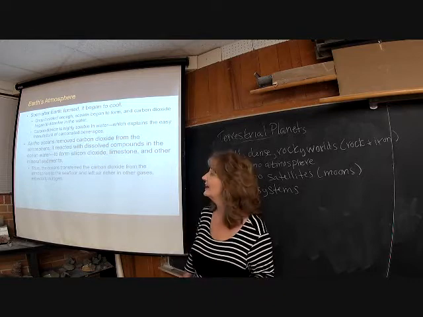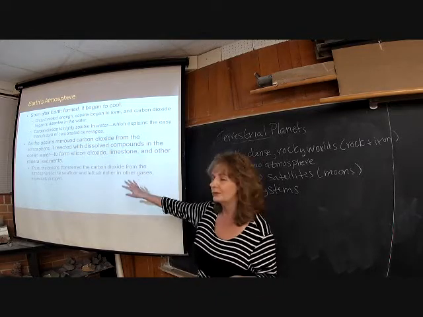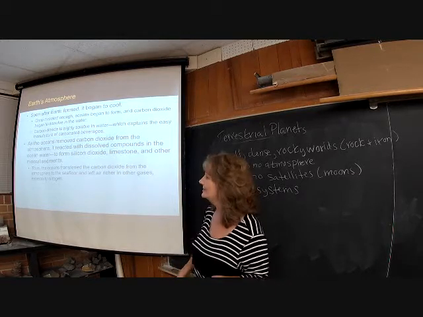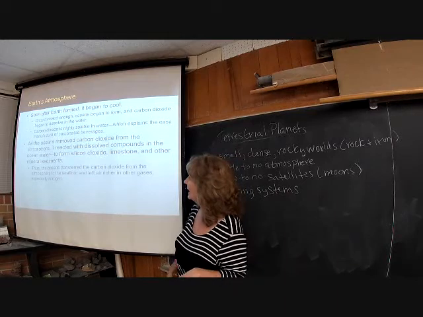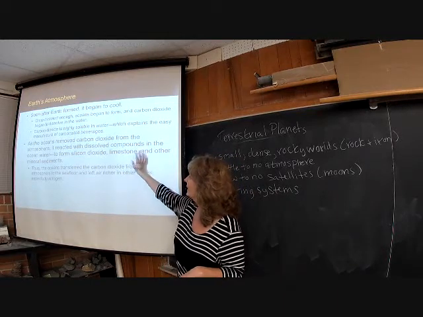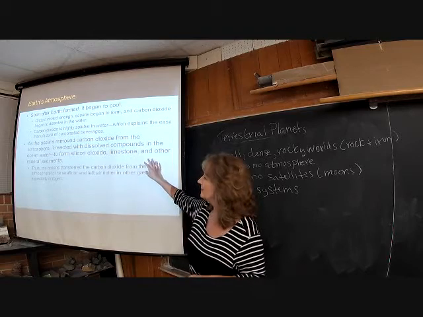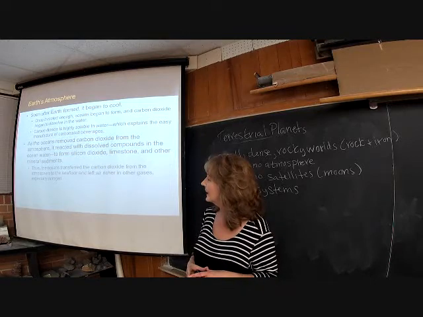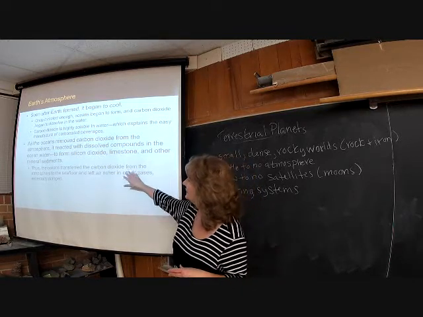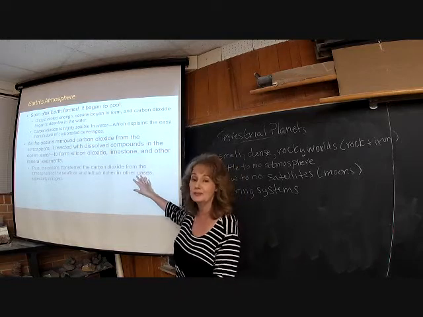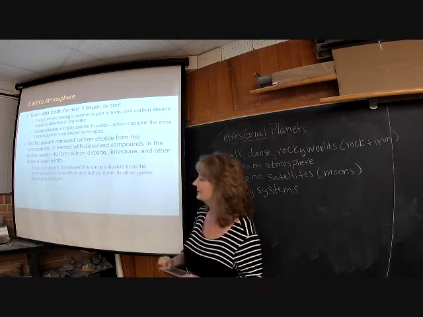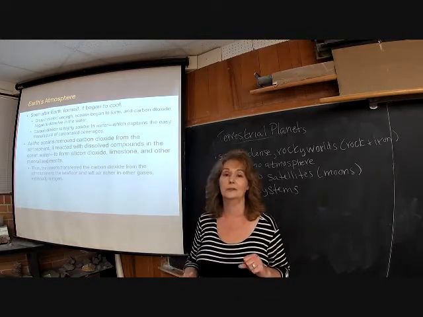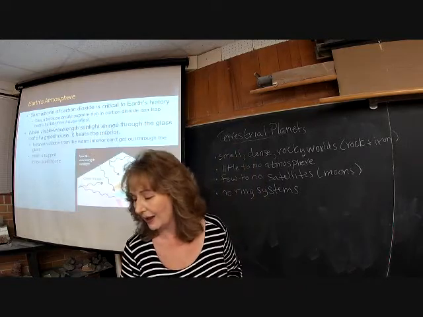Our oceans removed a lot of the carbon dioxide from that primary atmosphere. It formed limestone and other mineral sediments, some silicon dioxide, our rocky crust. So the oceans transferred the carbon dioxide from the atmosphere to the sea floor, the oceanic crust. And then the atmosphere was enriched in nitrogen, so mostly nitrogen in our atmosphere.